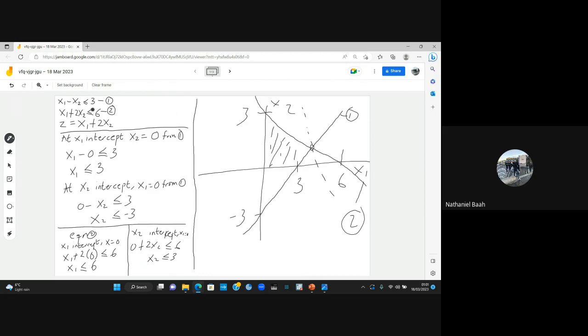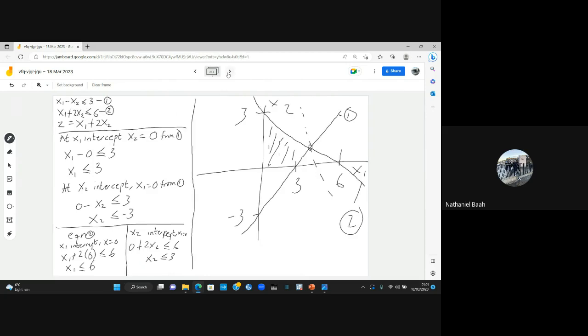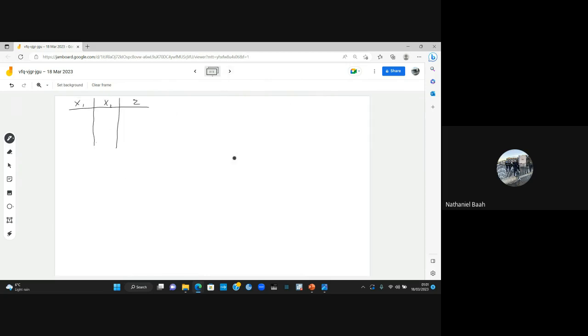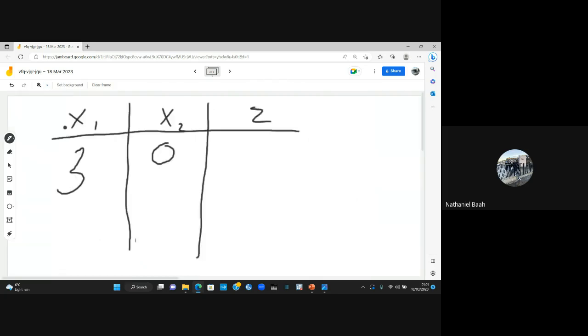So from here, I'm going to use equation 1. So from equation 1, at x1 intercept, x2 is equal to 0. So that is what I'm going to plot here. So at x1 intercept, x2 is equal to 0. Then we had x1 to be equal to 3. Hope you are all following. Great.